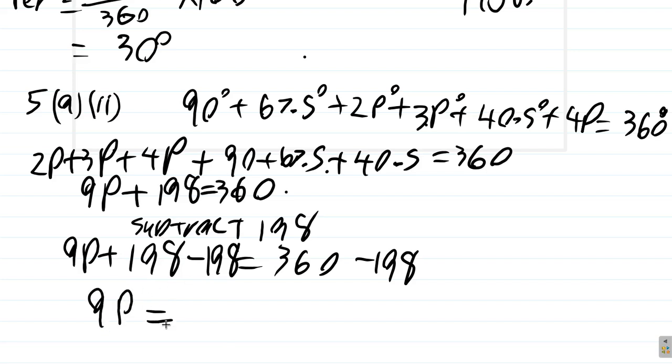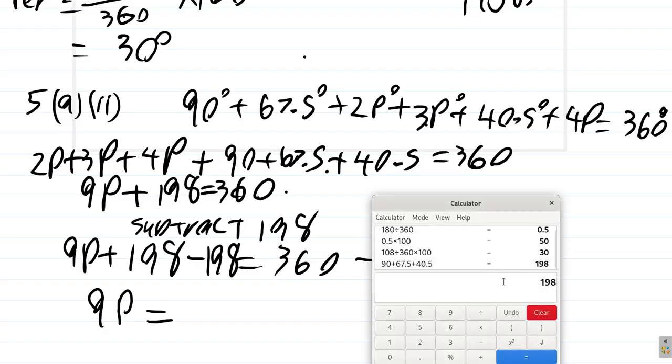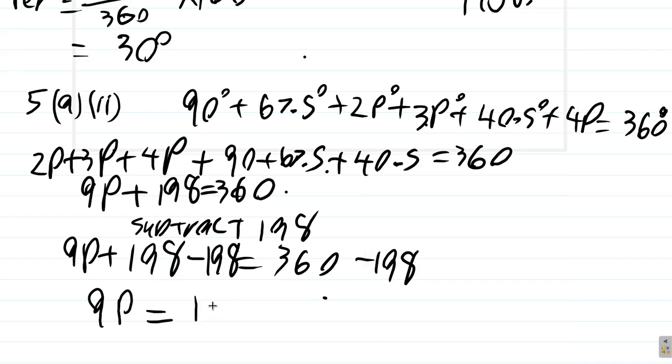You have 9p equals, what's 360 minus 198 again? 360 minus that equals 162. So 9p is equal to 162.